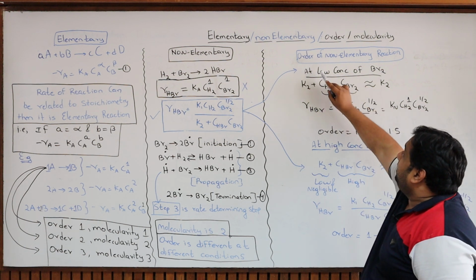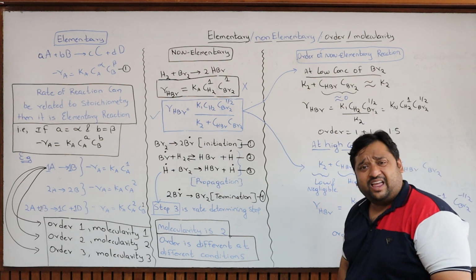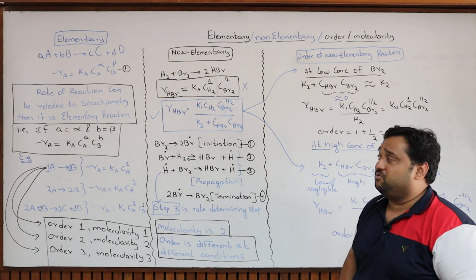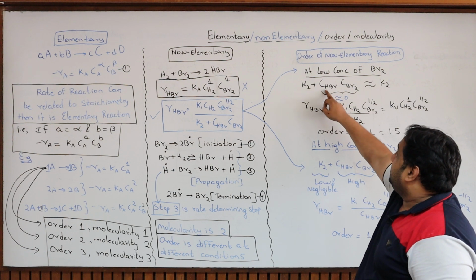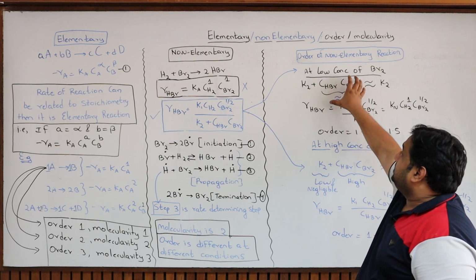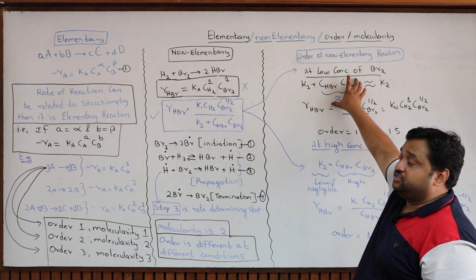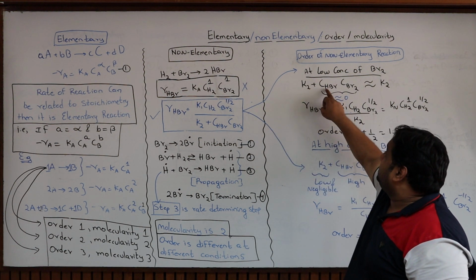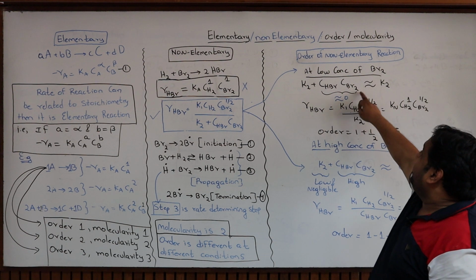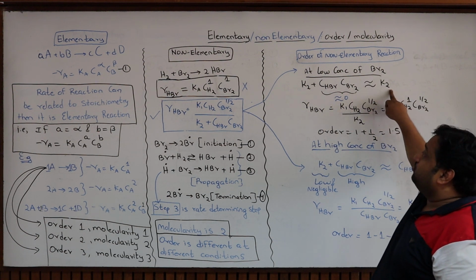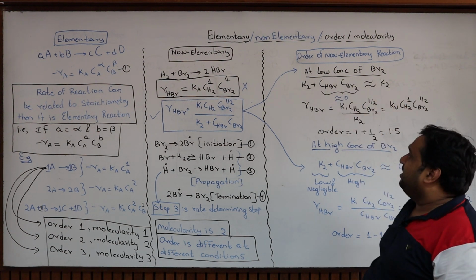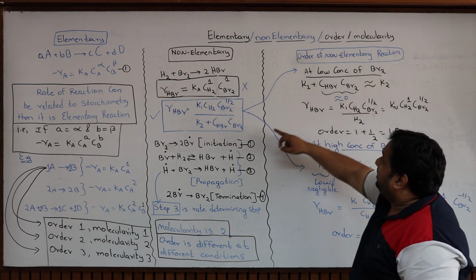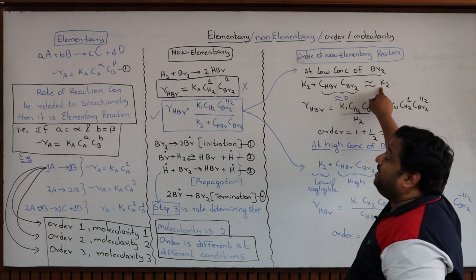Because I am conducting the reaction at low concentrations of Br2, C_HBr times C_Br2 is close to 0. That means the entire denominator, K2 plus C_HBr times C_Br2, is approximately equal to K2, because the second term is negligible now.